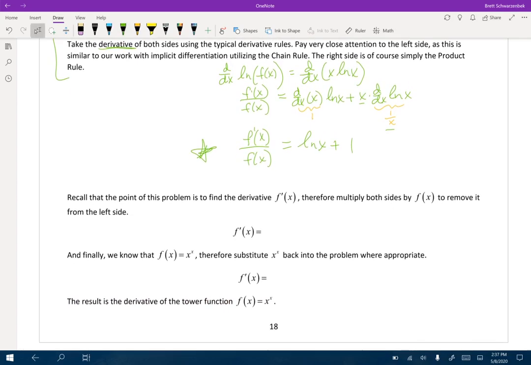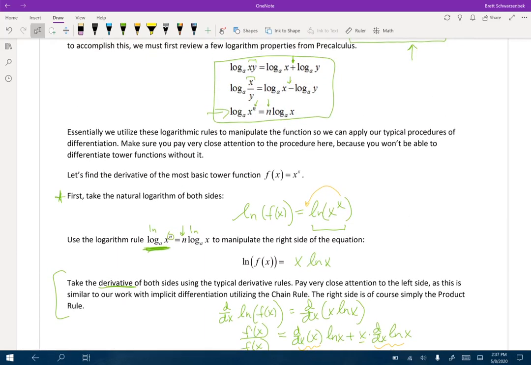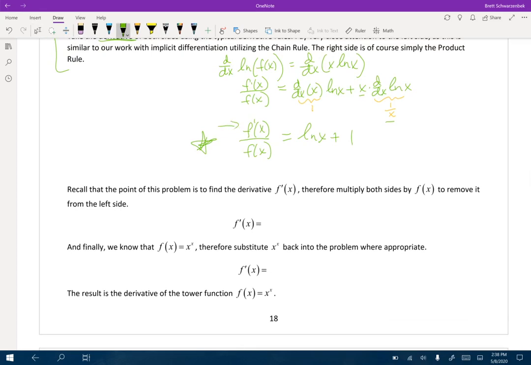Okay, so moving on, remember the point of this entire problem is to find the derivative f prime of x of our original function f of x. So if you look at what we have right here, we have f prime of x in the numerator. So it makes sense that we need to isolate f prime of x on the left side of the equation.